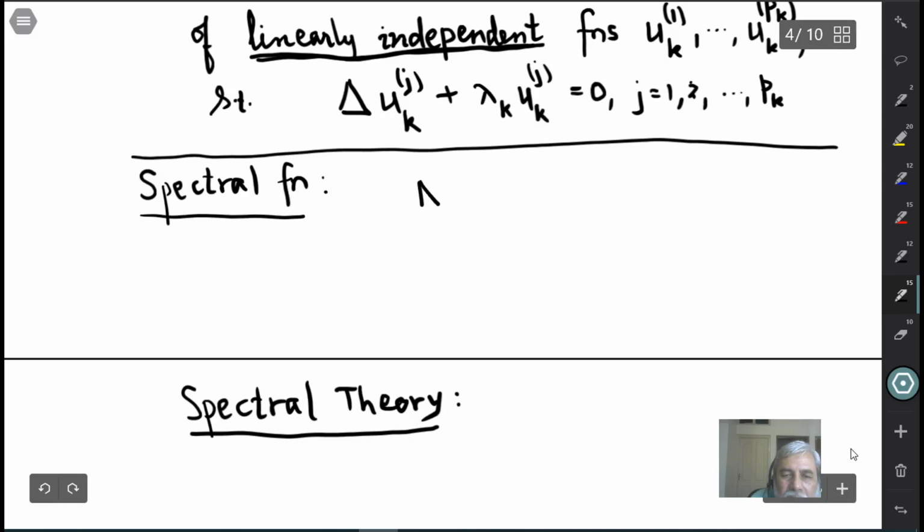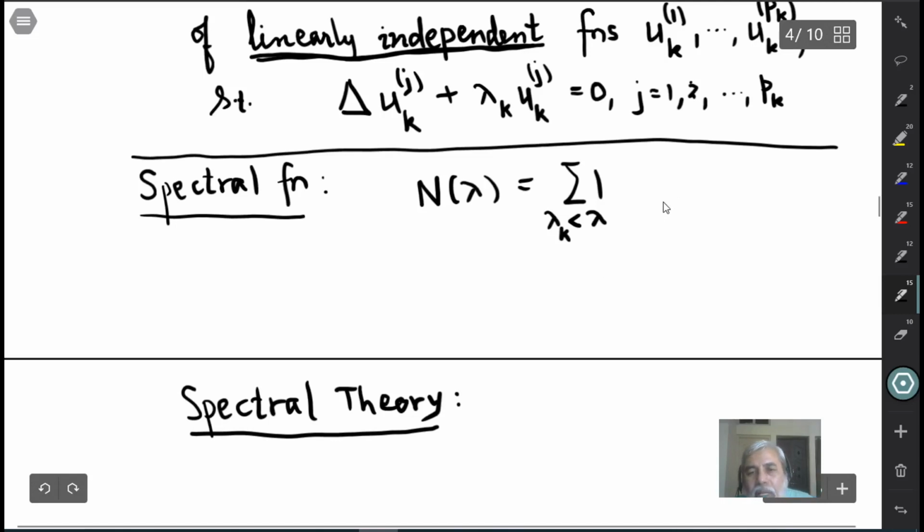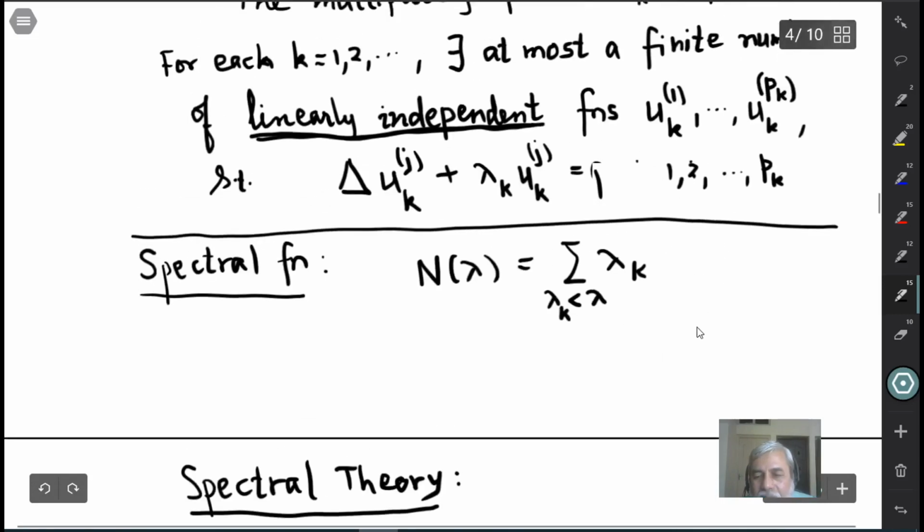Okay, so you just define this N lambda is equal, so you just count, given any positive real number lambda, the number of eigenvalues less than lambda. Okay, so it's just like counting the prime numbers up to some positive number.